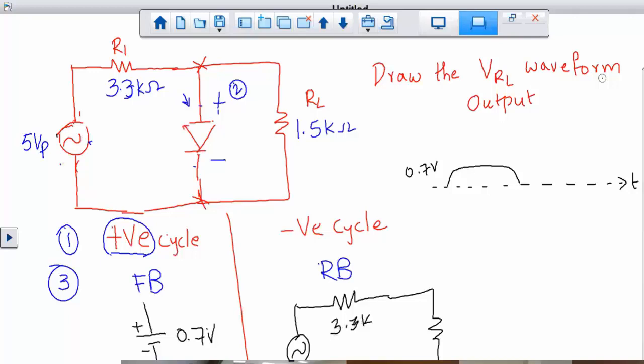In here, reverse bias, no matter which cycle makes it reverse bias, always gives you a voltage divider, because the diode can be presumed to be an open circuit. So it's always going to be a voltage divider.